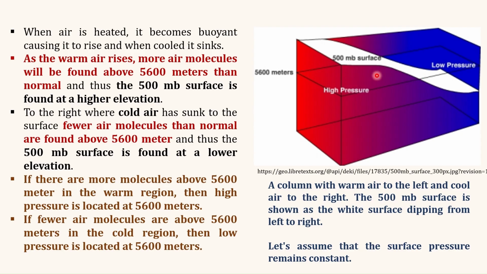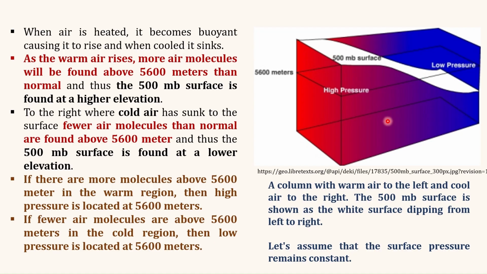But when the temperature of the atmosphere is less, cold air sinks near the surface, and very few molecules are present above 5600 meters, fewer than in normal conditions. Thus, the 500 millibar surface is found at a lower elevation. So in this scenario, we can see the constant pressure level of 500 millibar dipping from left to right because the temperature on the left-hand side is warmer and on the right-hand side is colder.